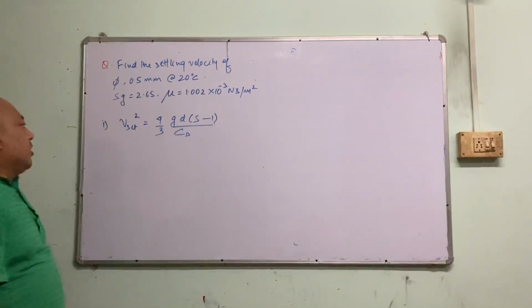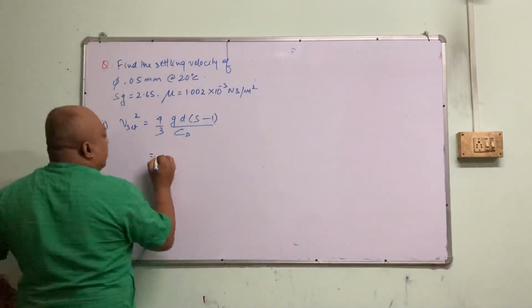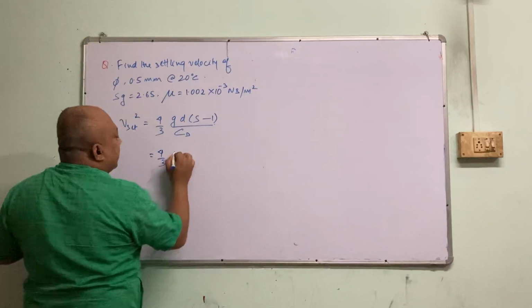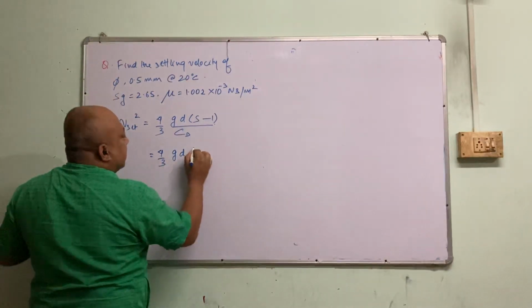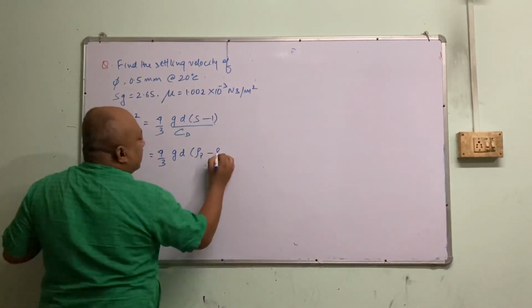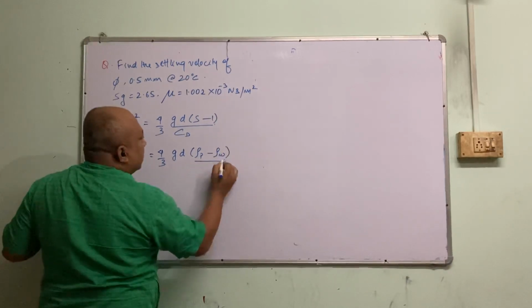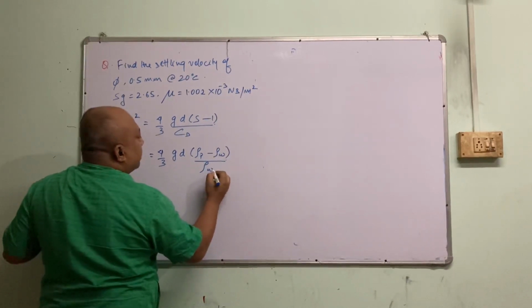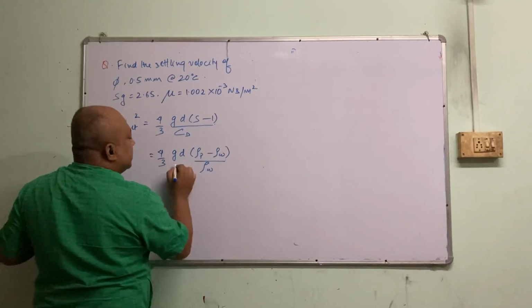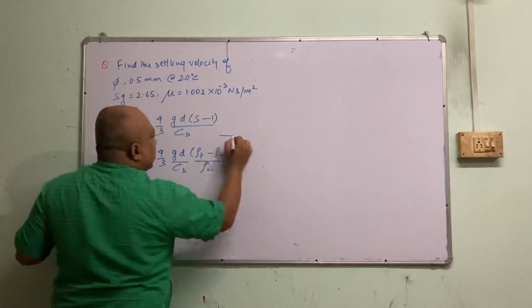It can also be written as 4 by 3 g d (rho S minus rho W) divided by rho W into CD. This is equation number 1.